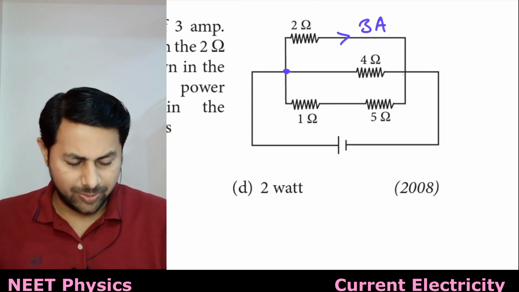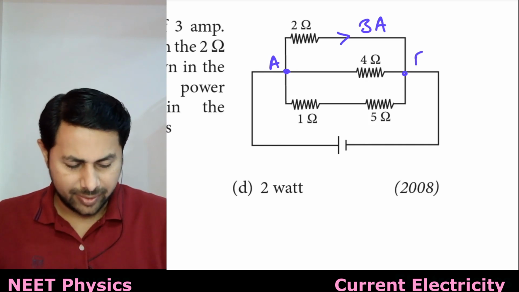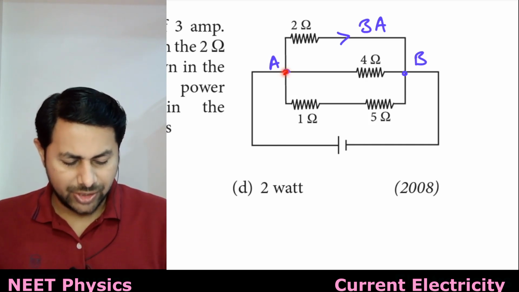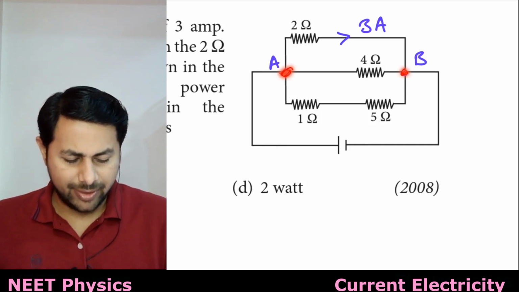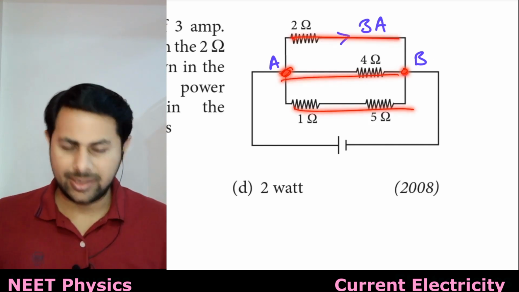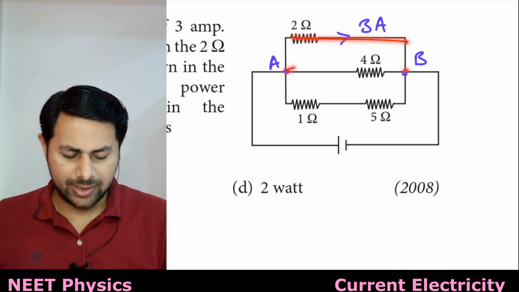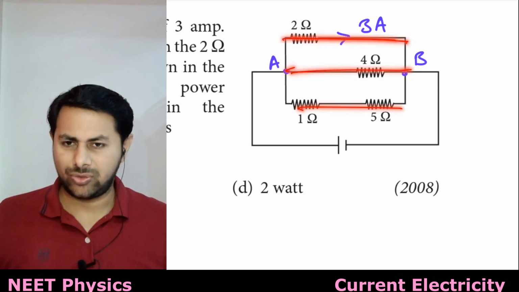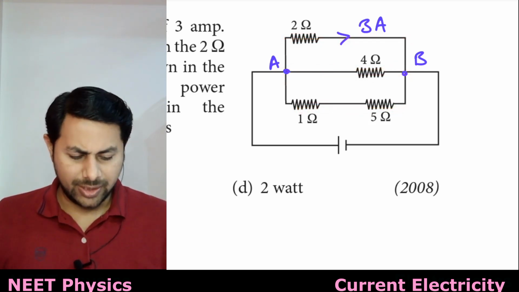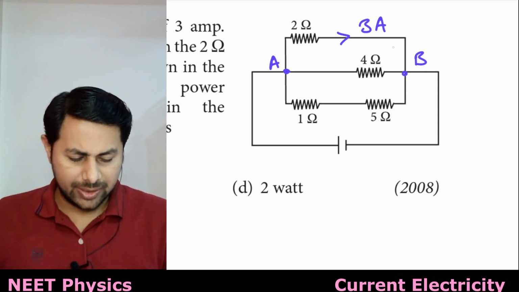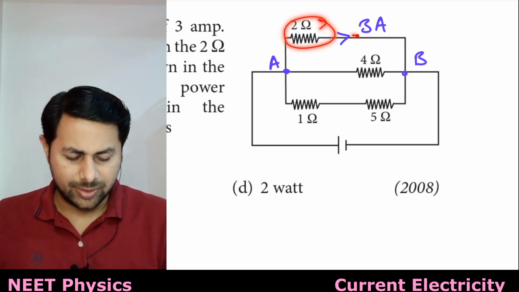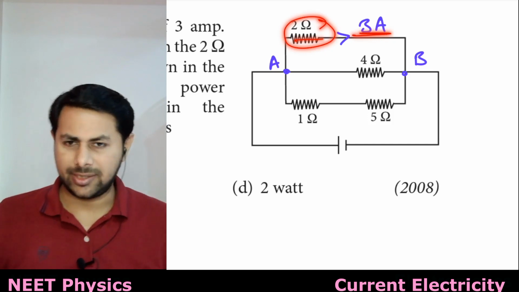Let's say this point is A, this point is B. What will be the potential difference between points A and B? All these three are connected in parallel, right? So the potential difference in this branch, this branch, and this branch would be equal. V is equal to current multiplied by this resistance.